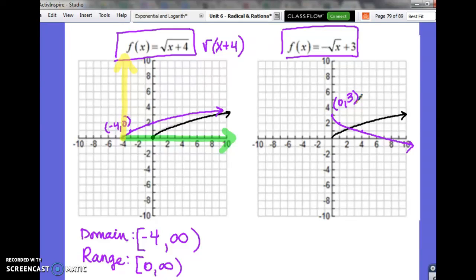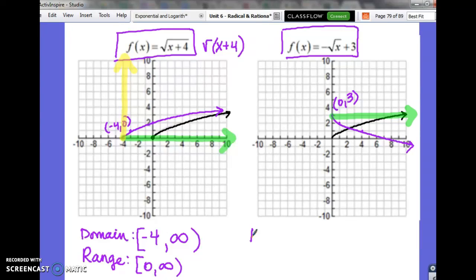So with the translation, it has been flipped or reflected across the x-axis, and then it's been shifted up 3 units. The domain for this function starts at the x value of 0 and goes forever to the right.